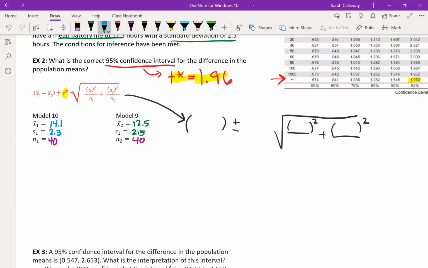So that's going to be 14.1 minus 12.5, plus or minus the value for T star, 1.96, times the square root of the standard deviation for group 1 squared, so 2.3 squared divided by the sample size, which was 40, plus the standard deviation for the second model, 2.5 squared divided by that sample size, which was also 40.